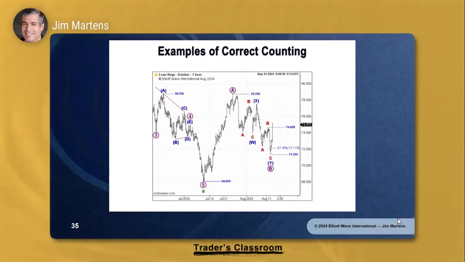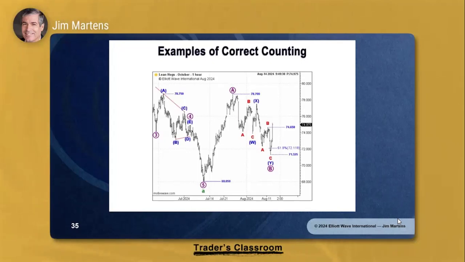So if I believe, as I did here, that a correction is complete where the W label is located, I turn bullish. But my alternate count is that that could just be wave A of either a flat or, as in this case, a double zigzag.